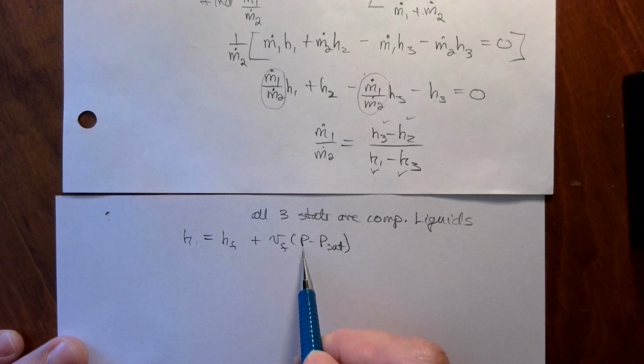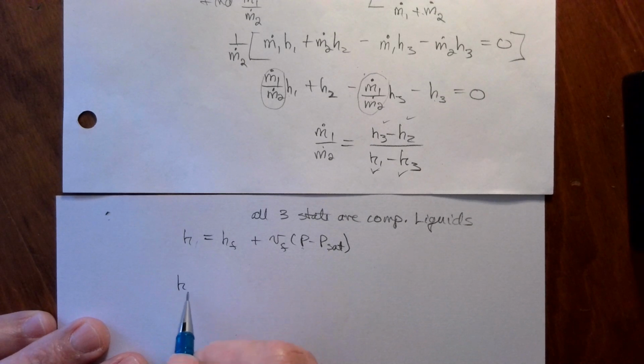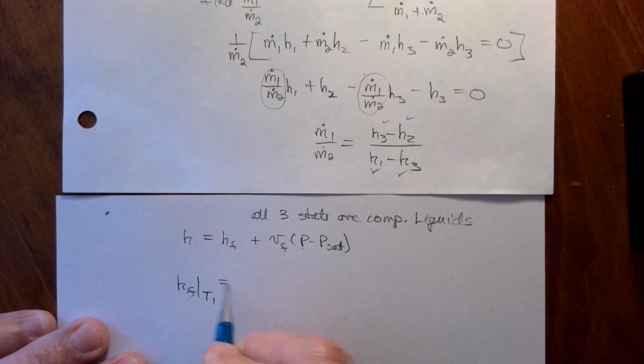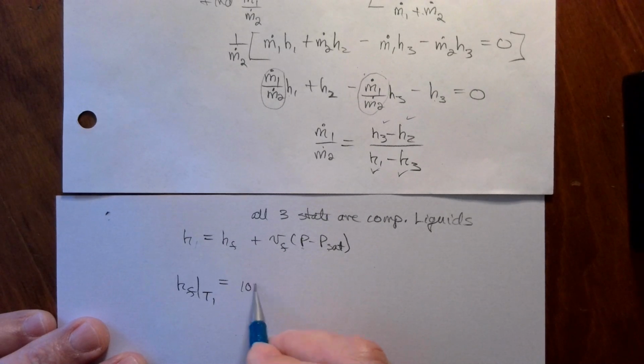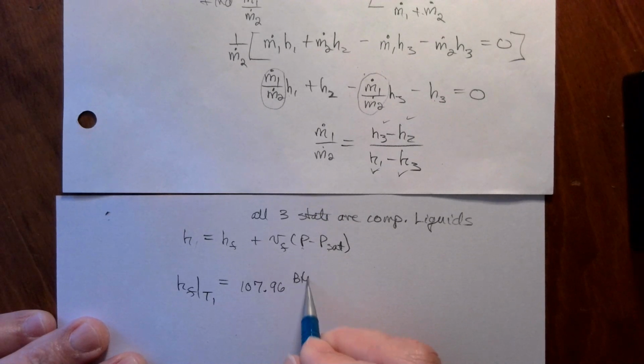Here our pressure is 20 psi, so it's just a little bit more than atmospheric pressure, so that's probably going to be negligible. I'm going to write out anyway what HF at T1 is. HF at T1 is 107.96 BTUs per pound mass.